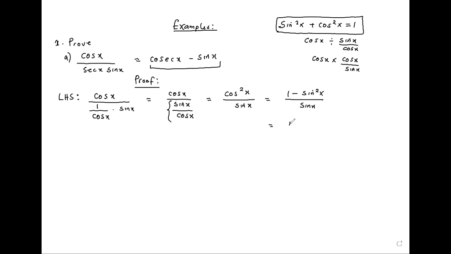But this is the same as 1 over sin x minus sin squared x over sin x. But 1 over sin is cosec. And if we divide there, we remain with 1 sin x on top. This is the right answer. Hence proved.